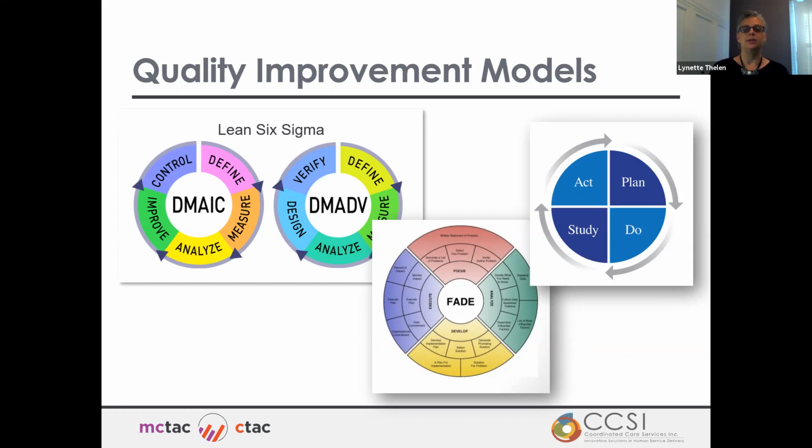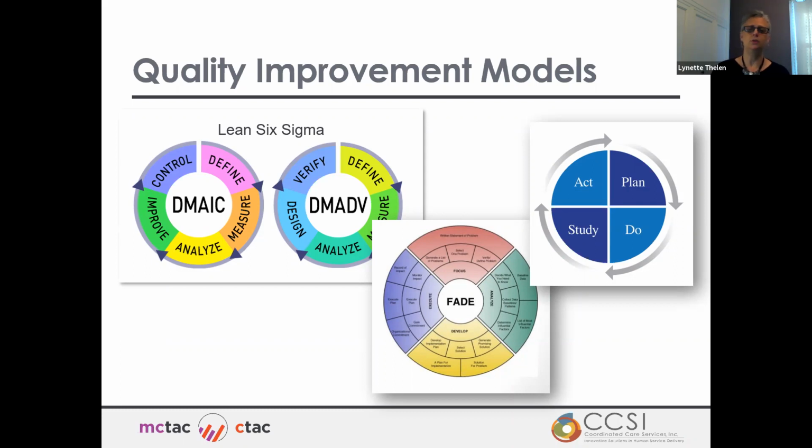A couple other processes are FADE, which stands for focus, analyze, develop, execute. I've also seen it where it's execute and evaluate, so you have two E's on the end. And that's similar to Lean Six Sigma in terms of defining and verifying the process that needs to be improved, collecting some data and analyzing it, and executing a quality improvement cycle.